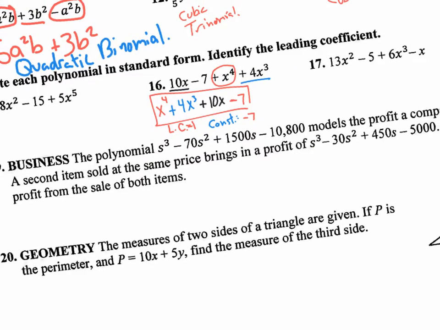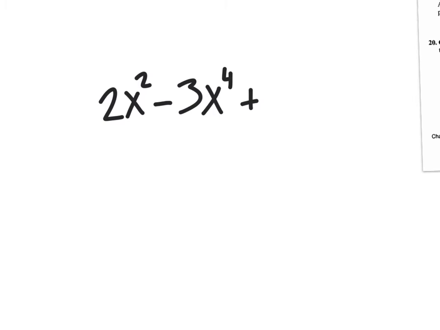Okay, maybe instead of me doing the homework, let me just ask you this. Let's say you have 2x to the second minus 3x to the fourth plus 5. Well, first, let me ask you this.